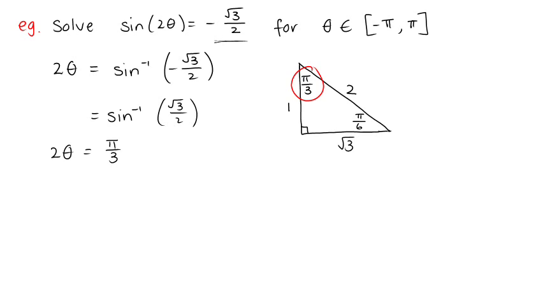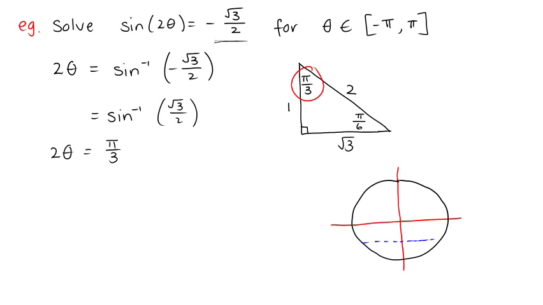Okay, let's consult our unit circle for symmetry. So this is our y value, because it's sine of negative root 3 on 2 across there. So far we found the positive of that.